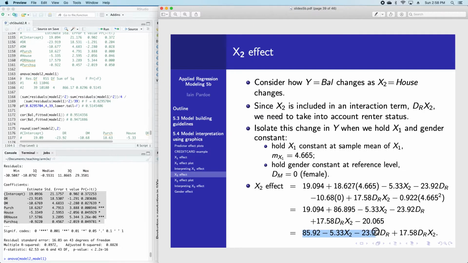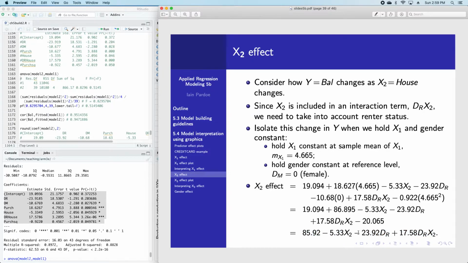Okay, so this is what I'm calling the x2 effect. What is this? Well, it's a function of x2 and dr. And remember, dr is an indicator variable, so it only takes values 0 and 1. So one way to think about this function is it represents two possibilities. It represents a relationship with x2 when dr equals 0.